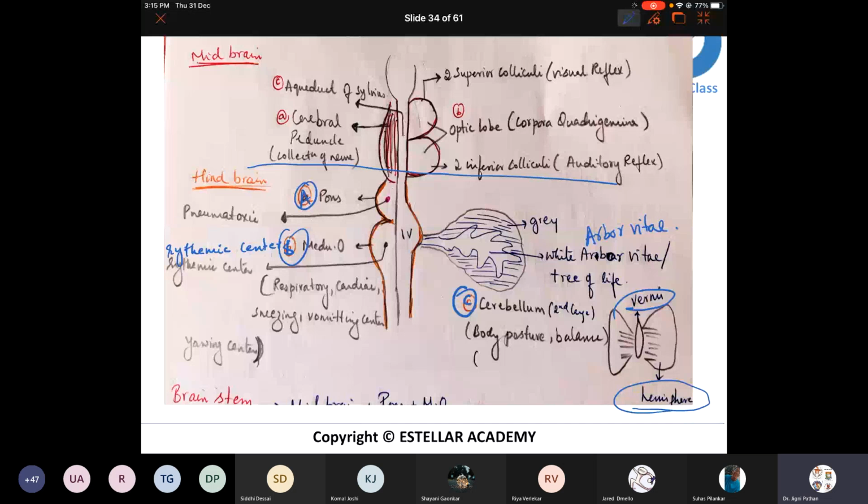Okay, pons, medulla oblongata, and cerebellum. Pons consists of a pneumotaxic center, whereas medulla oblongata consists of rhythmic center.